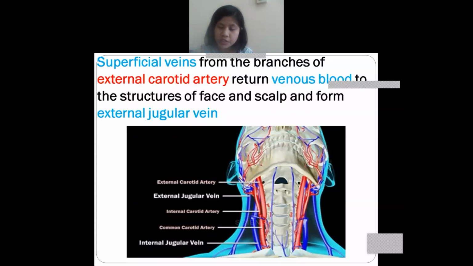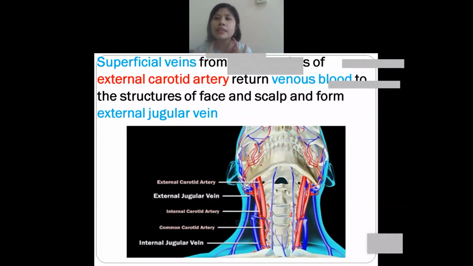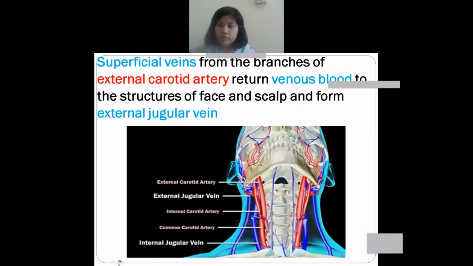From the face and the scalp. Scalp is your head portion, all this portion, and they will form the external jugular vein. You will find the external jugular vein here, on the lateral side. Carotid is here, jugular is here in this area. Is it clear? Okay.